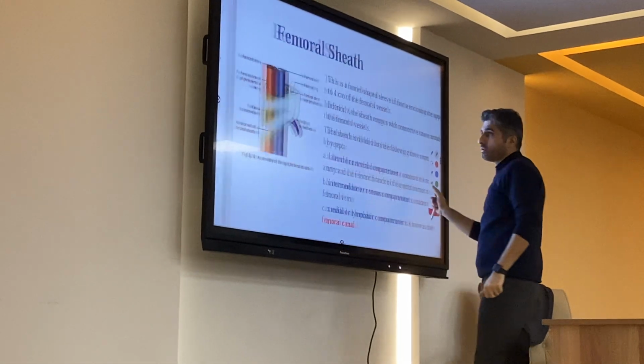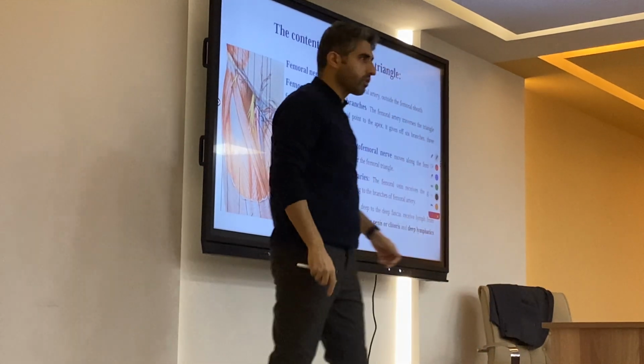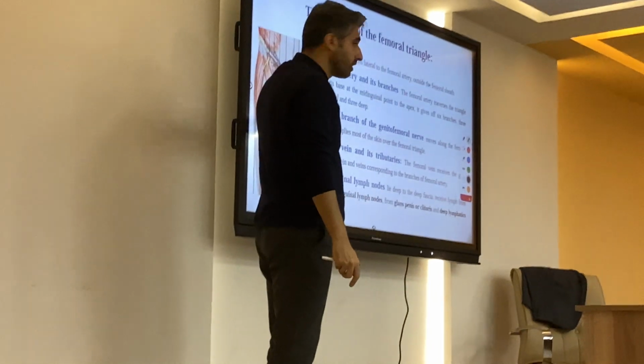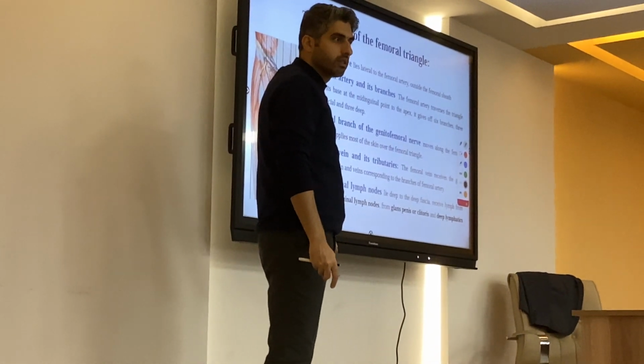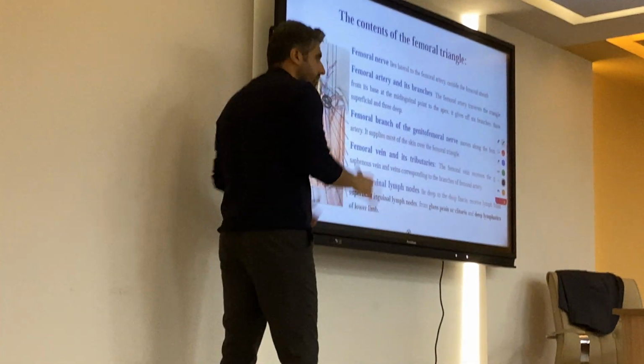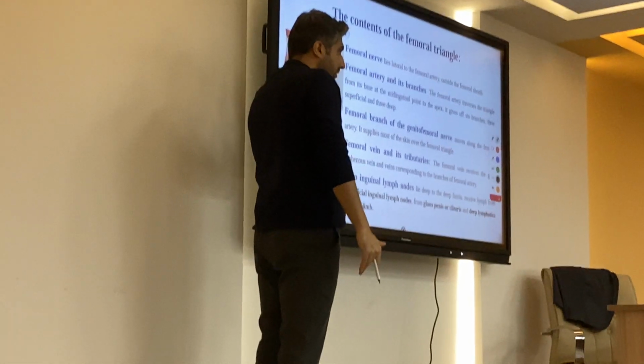I told you in the femoral triangle we have three structures: femoral nerve, artery, and femoral vein. The femoral artery and vein are inside of the sheath below, not the nerve. The nerve is outside.